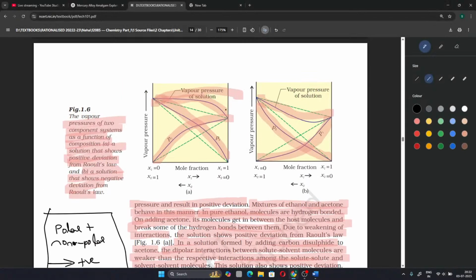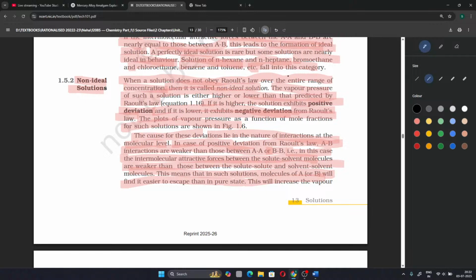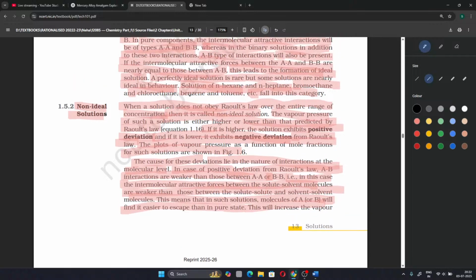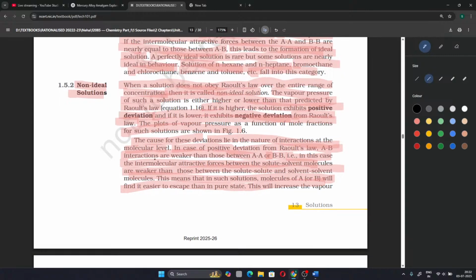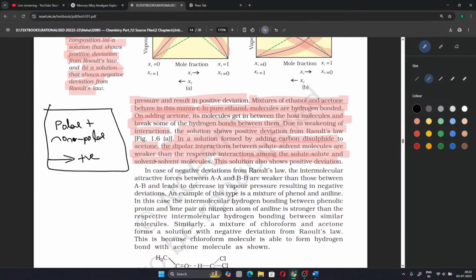An ideal solution example is benzene and toluene, they are non-polar. Bromoethane and chloroethane, they are polar but they don't have any hydrogen bonding and such, I think. And n-heptane and n-hexane, those are also non-polar.